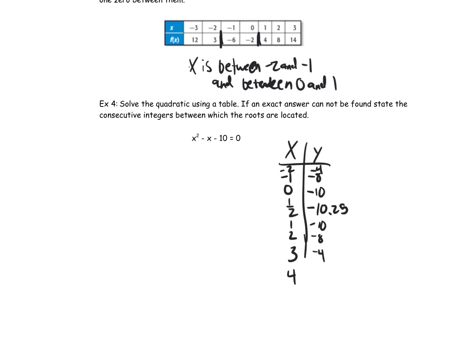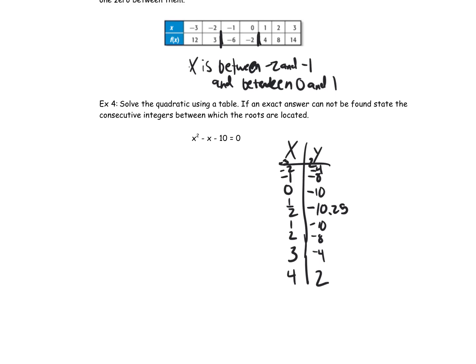So let's go with 4, and that'd be negative 3 up there. So 4 squared is 16. 16 minus 4 is 12. 12 minus 10 is 2. So just check and make sure. Negative 3 squared is 9. 9 plus 3 is 12. 12 minus 10 is 2.